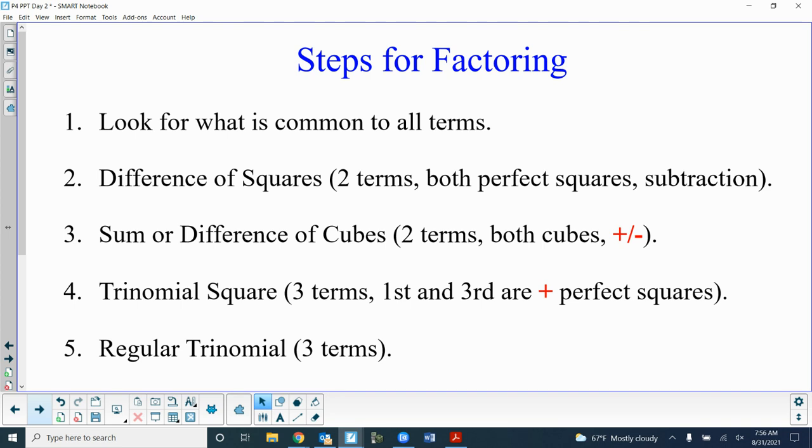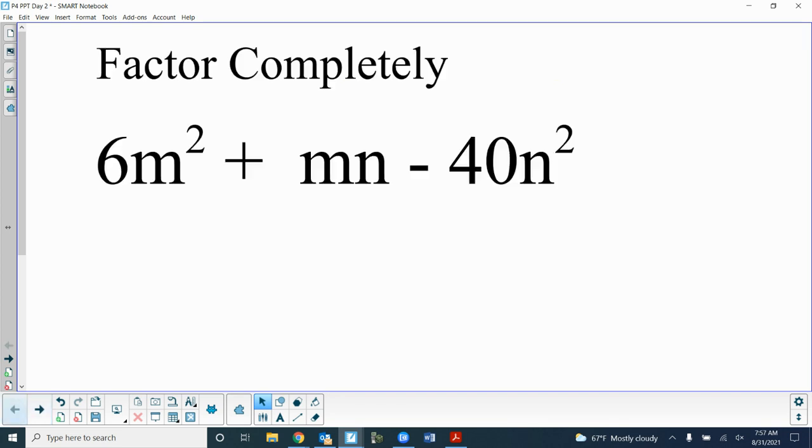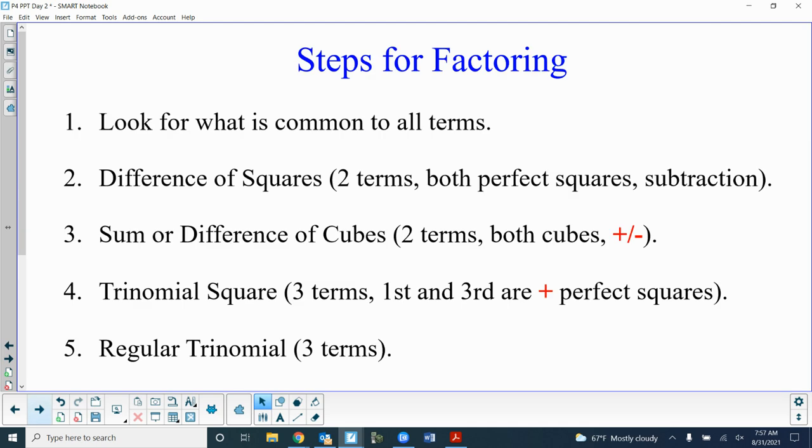It's only got how many terms? 2. So is that what we have in this problem? No. The sum or difference of cubes? No, only 2, right? It could be one of these because it's got 3 terms, right? Is that a positive perfect square? No. So it's not one of those. So what kind is it? It's a regular one.